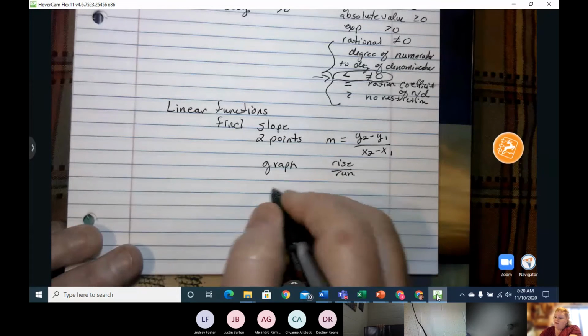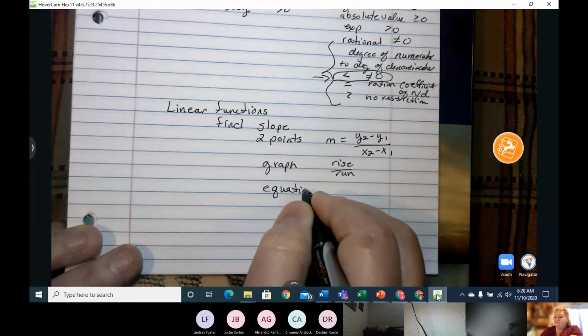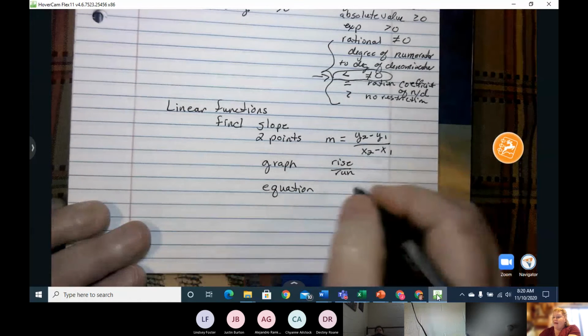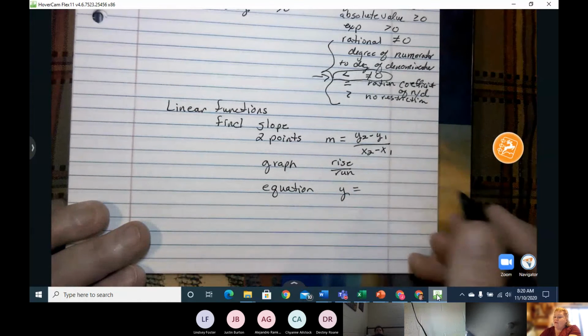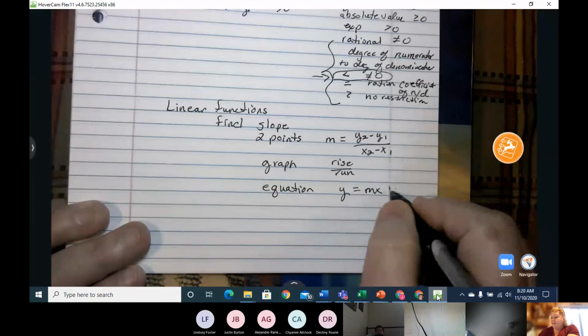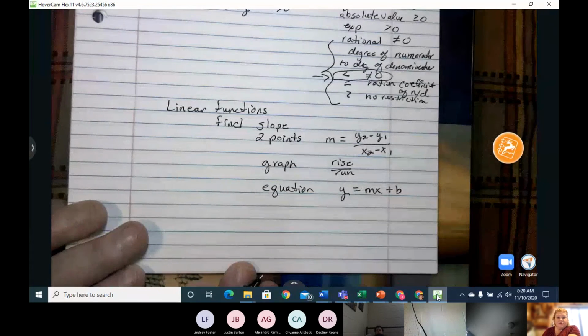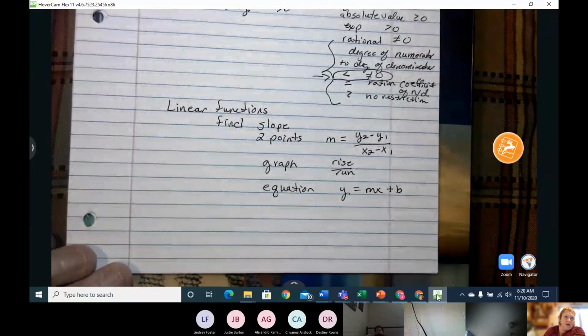You want to be able to find slope from the equation. The biggest thing about that is knowing that if you put the equation in the form where you solve for y, then the coefficient of the x term will give you the slope.